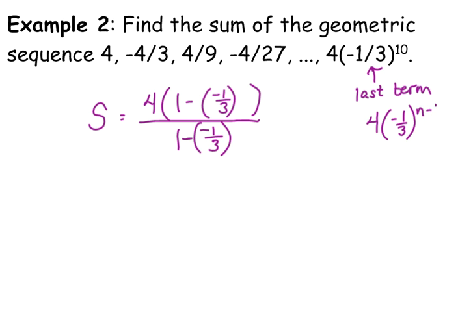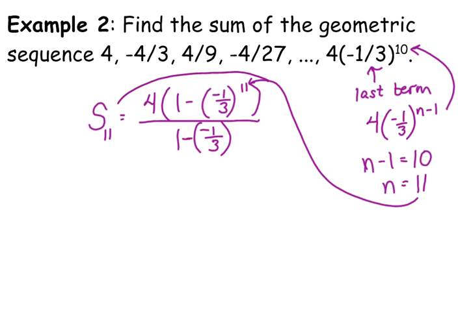The n minus 1. So what does that mean n is right here? Is it 10? It's 11, because the result is 10. The exponent is n minus 1. N minus 1 is equal to 10. So this is the 11th term in our sequence. So we are finding the sum of the first 11 terms.